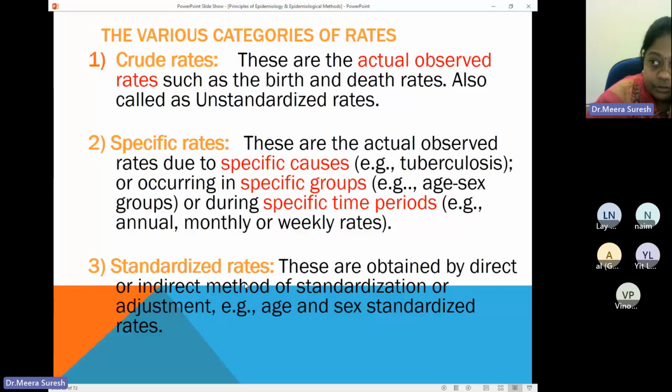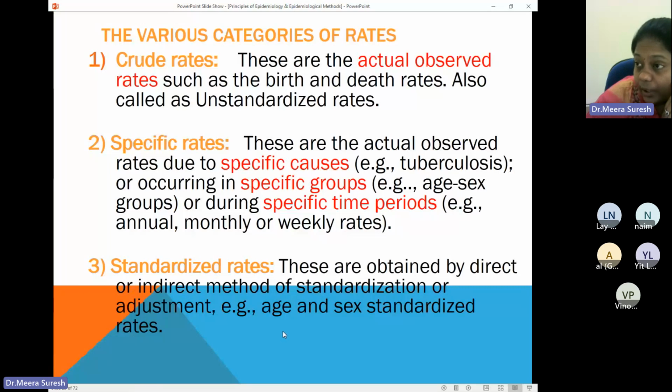So when there is no uniformity between the two populations we are going to compare, epidemiologists use a little more complicated thing called standardized rates. By some techniques, we make a standard population and then compare. We can use the direct method and indirect method for this standardization.